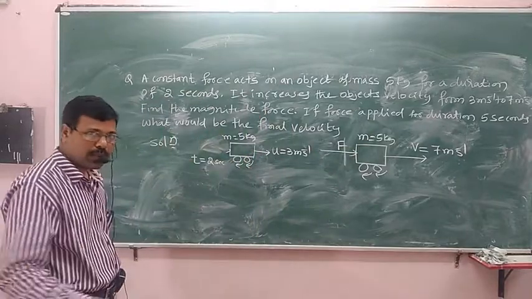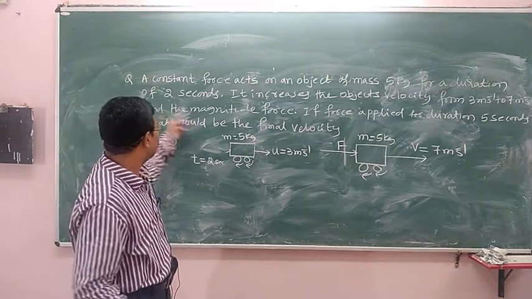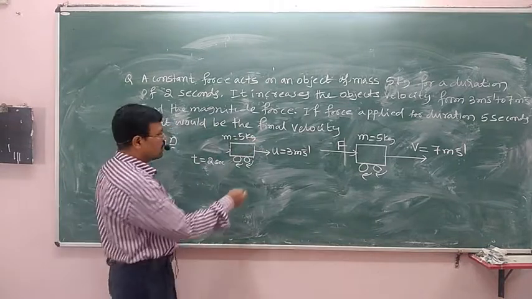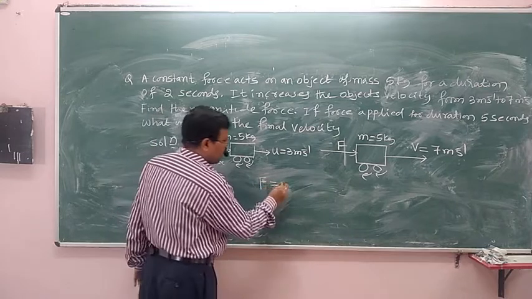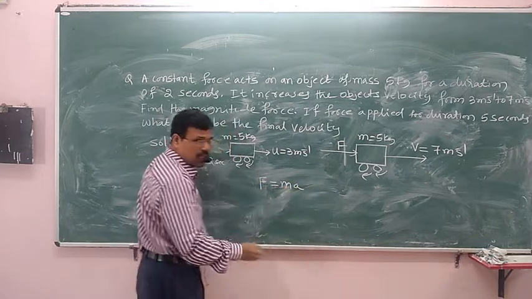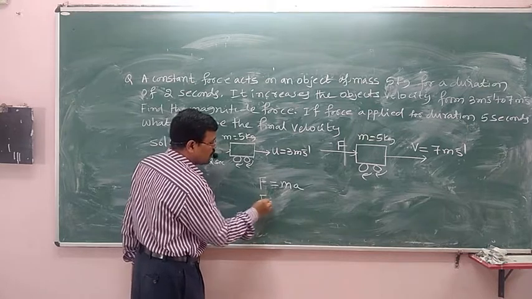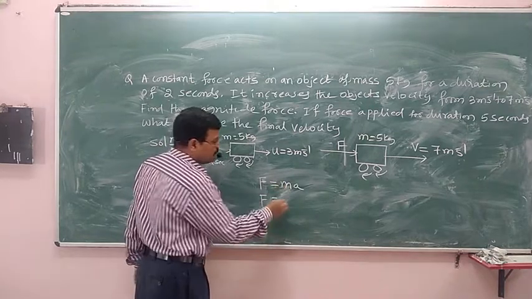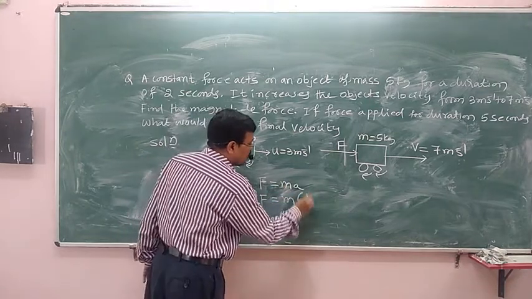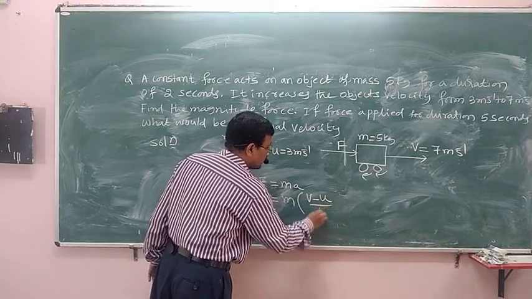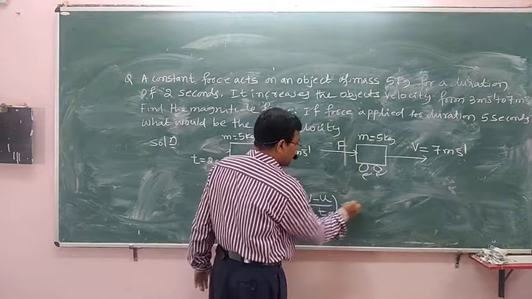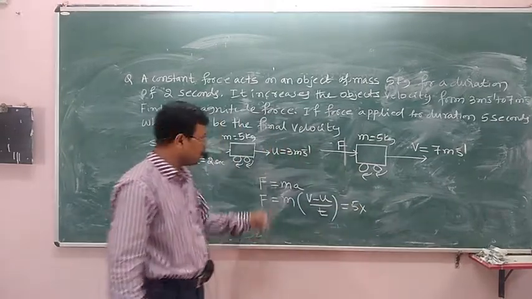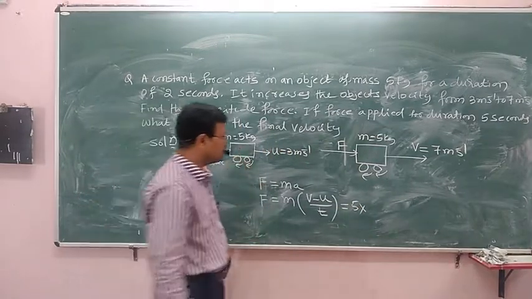So how much force is applied here? Find the magnitude of the force. As we know, force is equal to ma, mass into acceleration. Force is equal to m times change in velocity divided by time. Now the mass of this object is 5 kg.